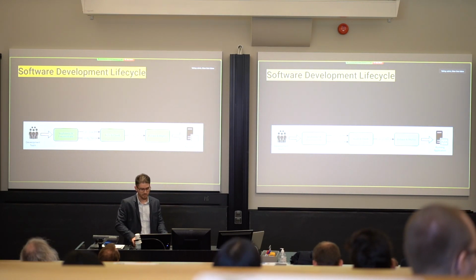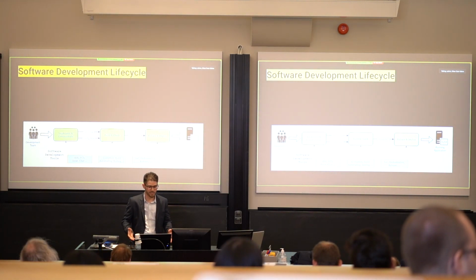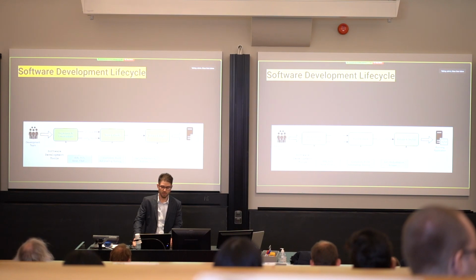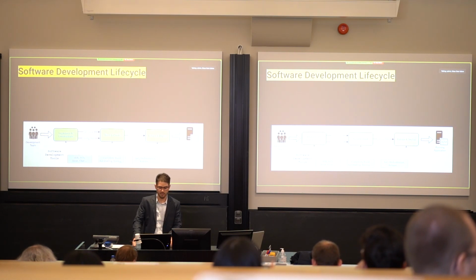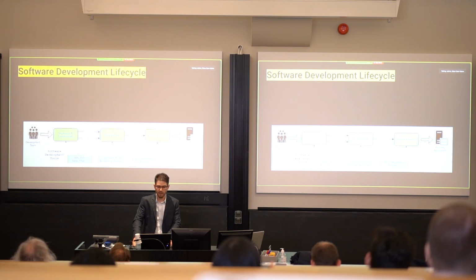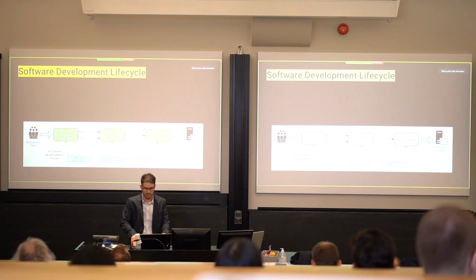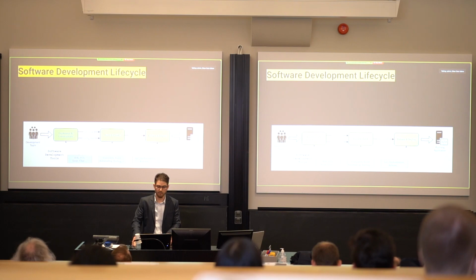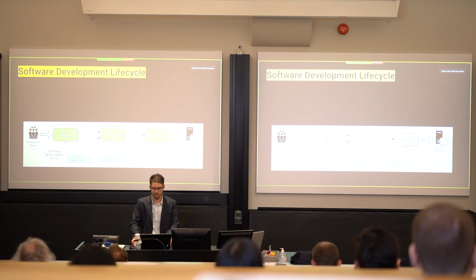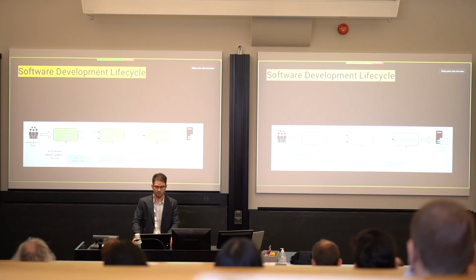And as I mentioned, in order to do that, developers reuse tools, for example, IDEs, issue trackers, and so on. And in all the phases, they reuse these tools, compilers. Infrastructure as code is something that is quite popular today with Docker and other orchestration software.